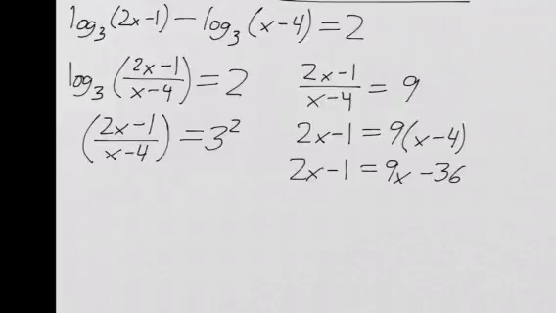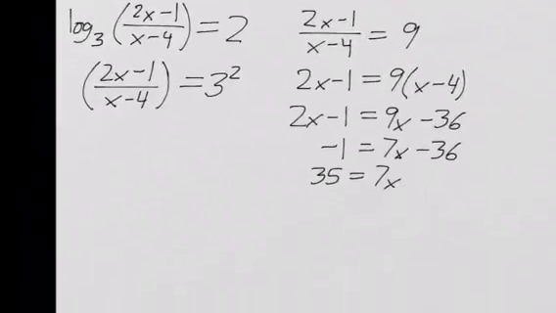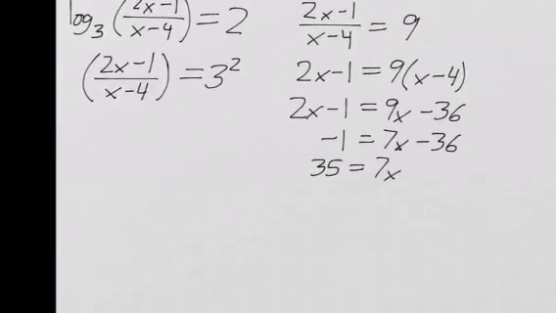So I can now solve this for x. I'll first subtract 2x from both sides. And now I'll go ahead and add 36 to both sides. And now I can divide both sides by 7. So I get 5 is equal to x.